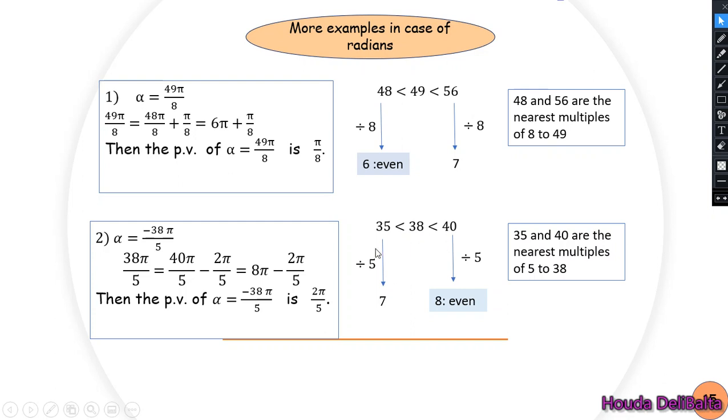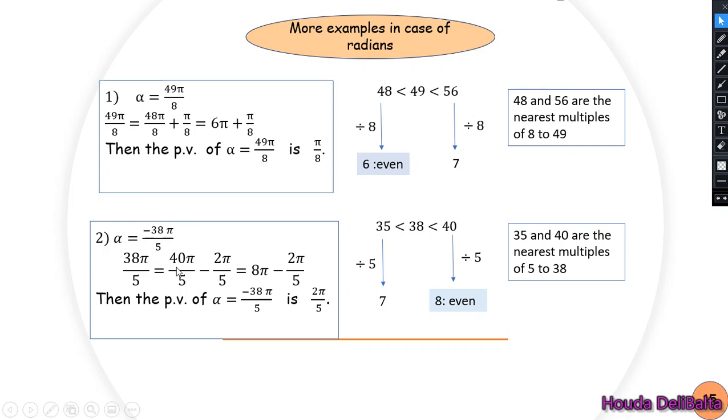Now we have to divide by 5 according to the denominator. 35 by 5 is 7, 40 by 5 is 8, which is even, and I told you that we care about the number giving an even result. So 38 pi over 5 is going to be written as 40 pi over 5. We take this number and we make it like this form here by pi, and we divide by 5.